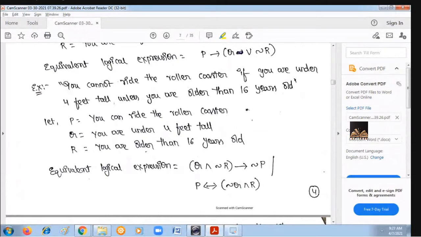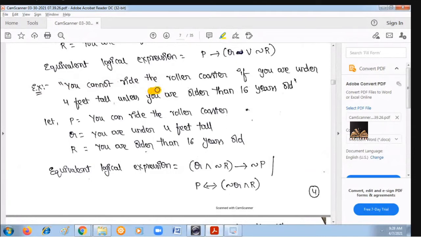See, first identify what the statements are here. You cannot ride the roller coaster is one statement, right? What is the second statement? You are under 4 feet tall. And the third statement is you are older than 16 years old. Three statements I am equating to three different variables.